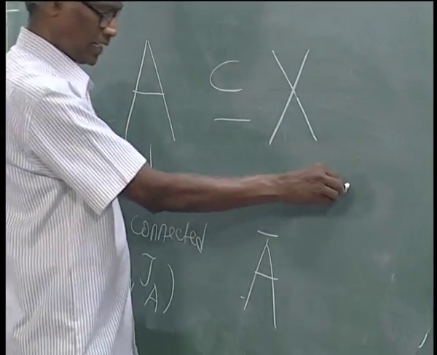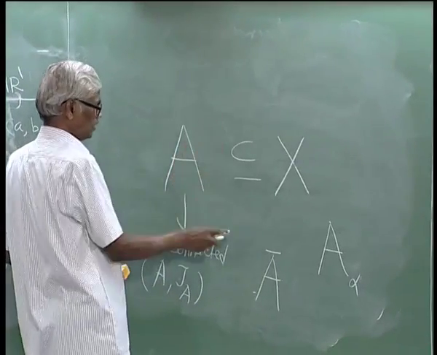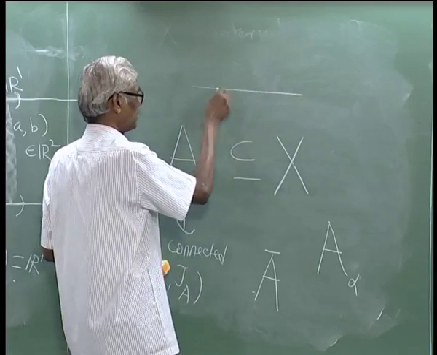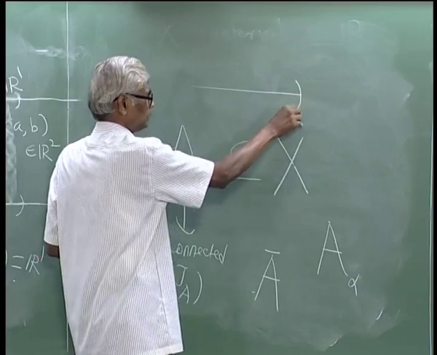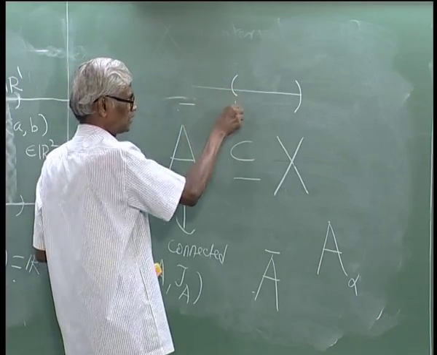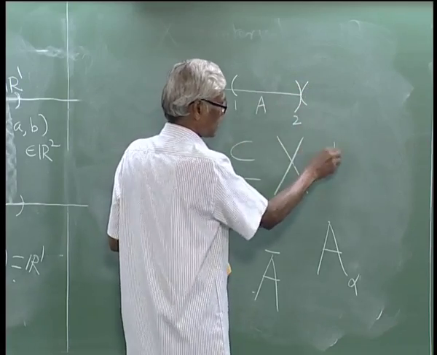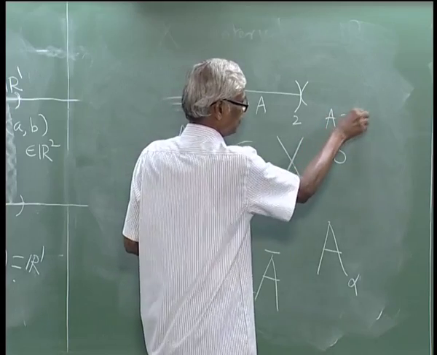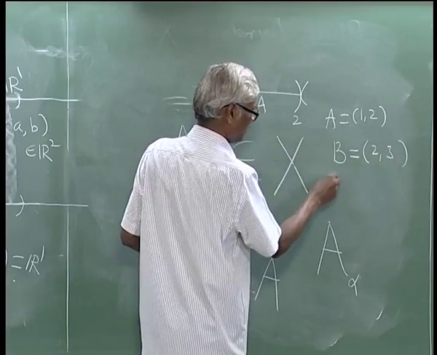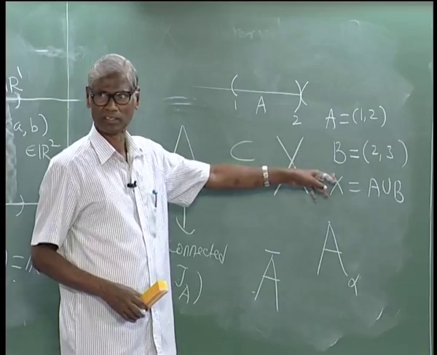And similarly, if you have a collection of connected sets. Now we have seen that if there is an interval, for example you take the open interval, say open interval 1 comma 2, and this is our A. B is open interval say 2 comma 3, X equal to A union B. Then this is not connected.